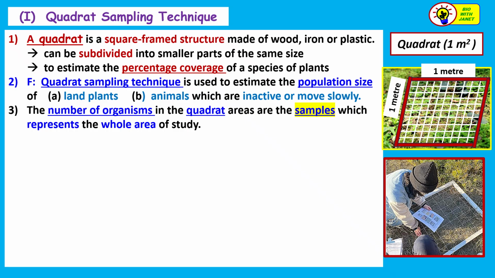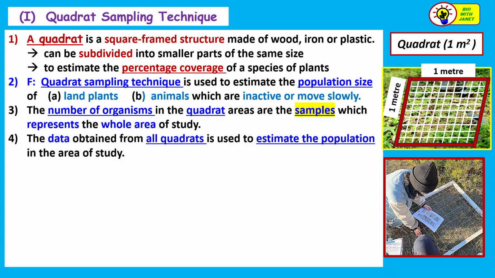So an ecologist can take a number of quadrats, like 5 to 10 quadrats, and then put these quadrats randomly in the area of study. And then whatever is in the quadrat, let's say we are going to find out the density of a species of plant, which is species X, whatever is in the quadrat, the number of the plants of species X, that will be the sample to represent the whole area of study.